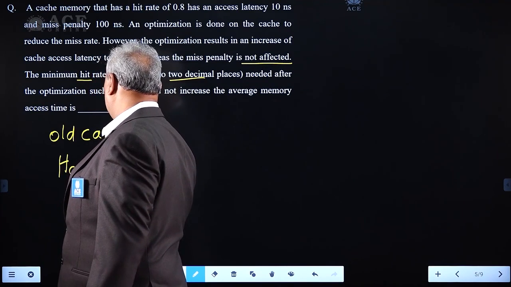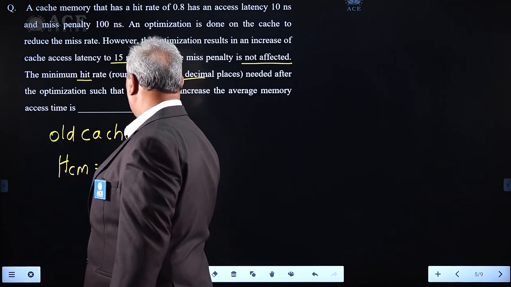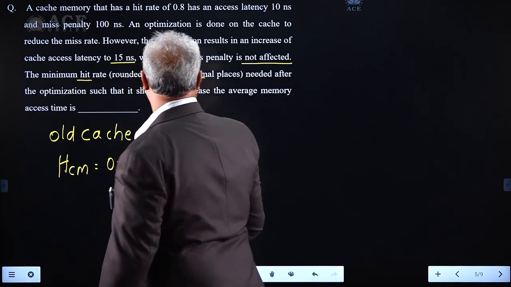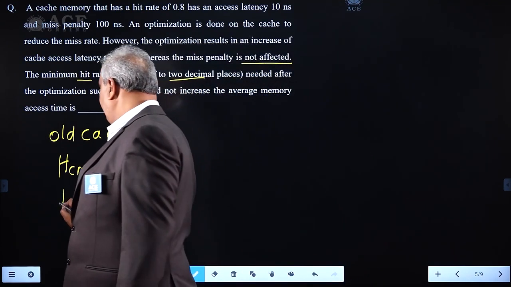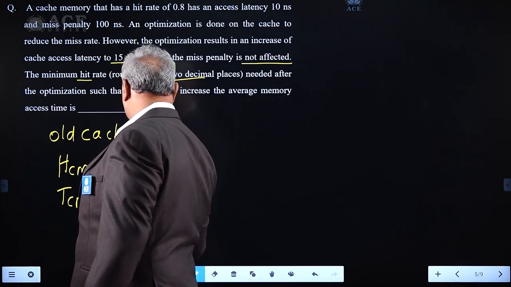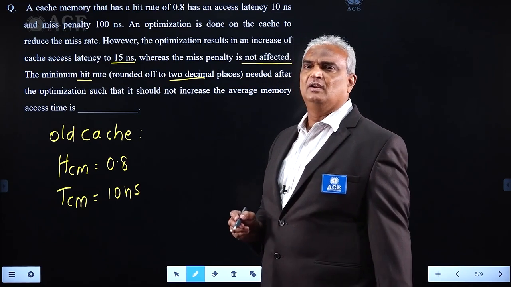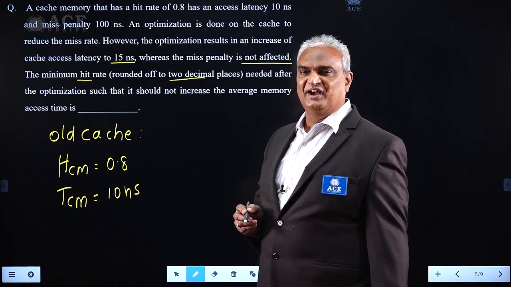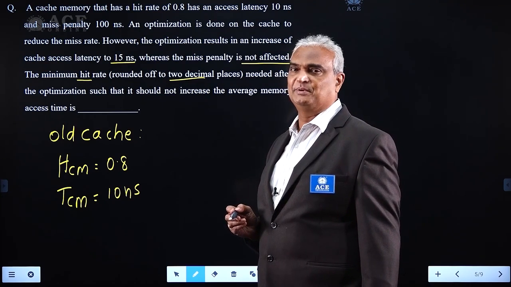HCM. What is CM? Cache memory. H stands for hit rate, 0.8. Has an average latency of 10 nanosecond. TCM, cache memory access time 10 nanosecond. At the same time, miss penalty 100 nanosecond. While performing reading operation, first CPU tries to read the word from cache memory.